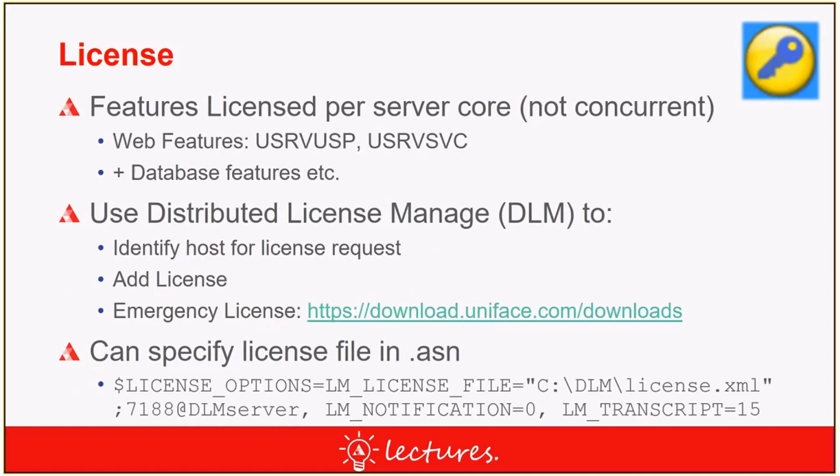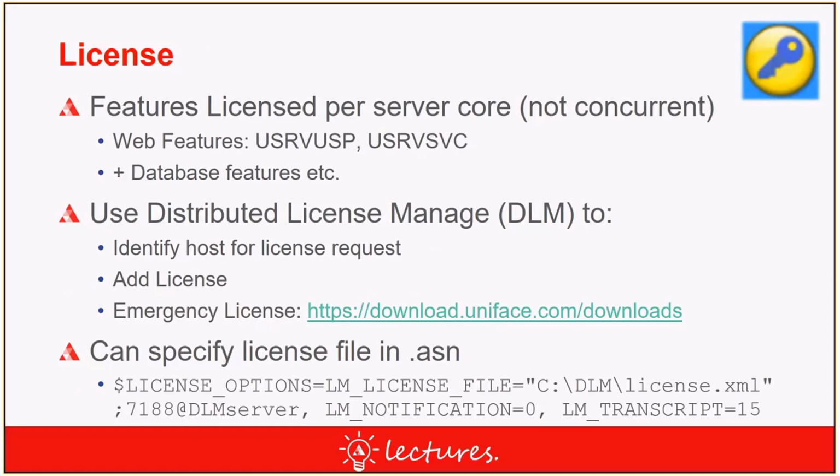If you've got problems, you can always download an emergency license, which lasts for a couple of weeks from download.uniface.com, and once you've got a license, you can just specify it in the DLM, but a lot of people choose to specify it in a license file to simplify deployment.